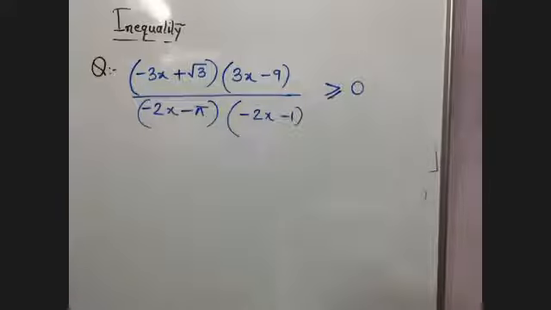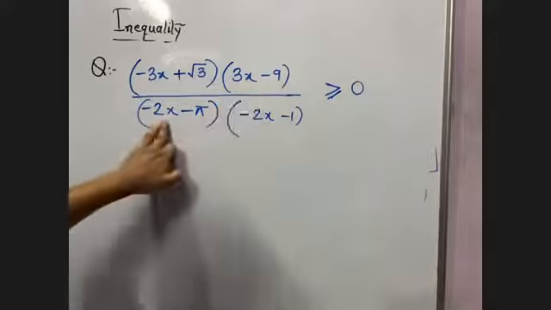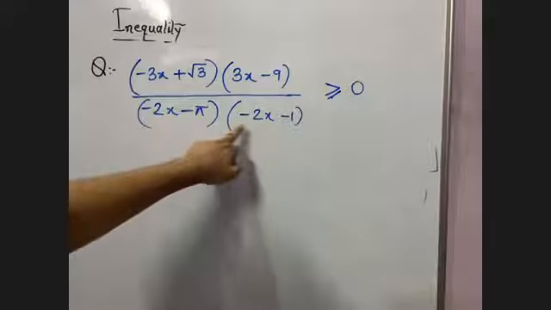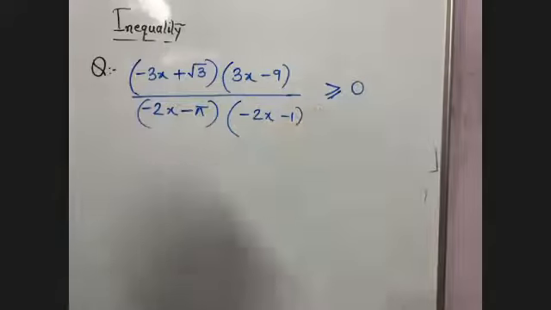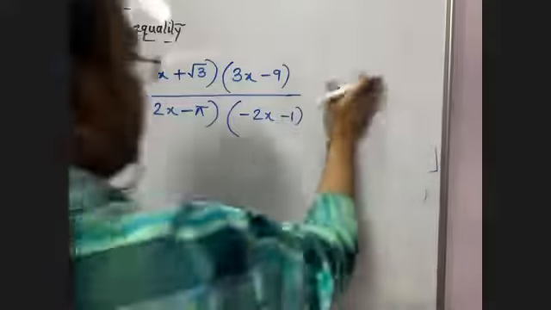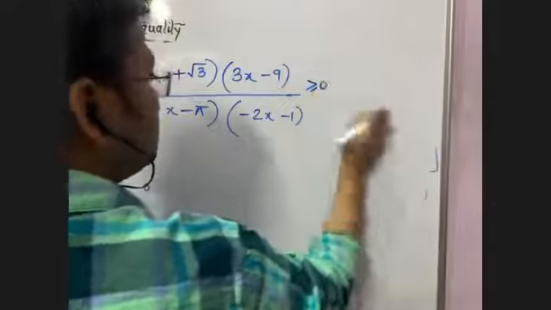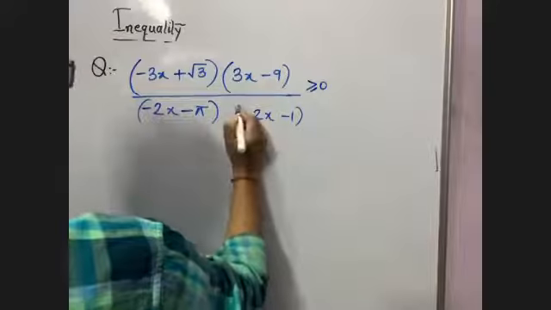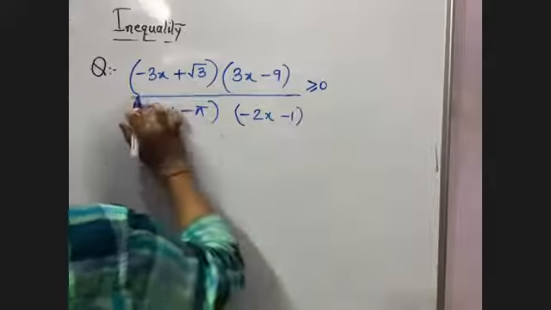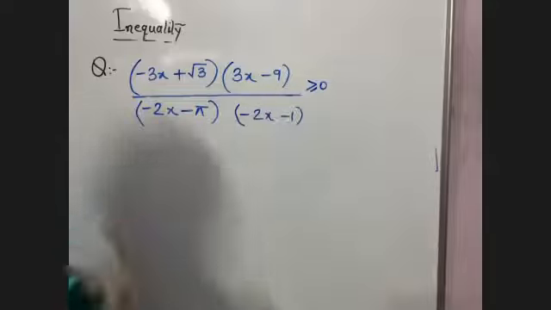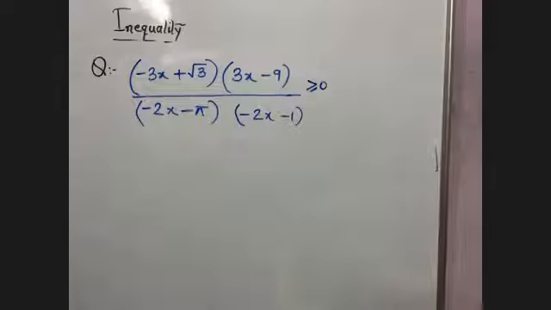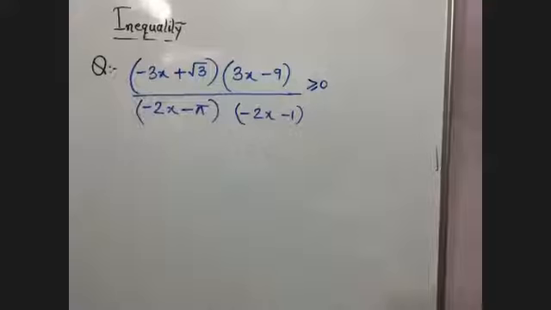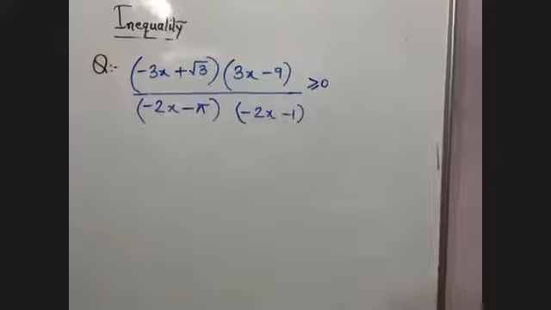Minus 3x plus root 3, 3x minus 9 upon minus 2x minus pi into minus 2x minus 1, it is greater than equal to 0. Let's see, we'll solve it correctly first. We need to solve this. I want answers from everyone.